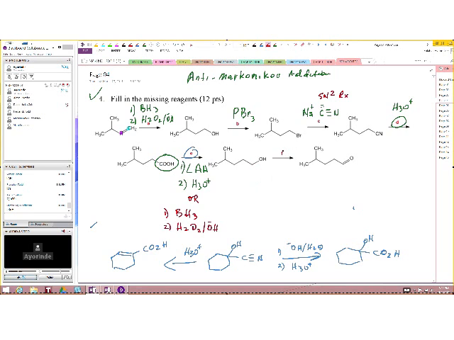About the last step here, F. What do we need here? We want to go from a primary alcohol to an aldehyde. This is an aldehyde. PCC, very good, excellent. What other reagent can we use?